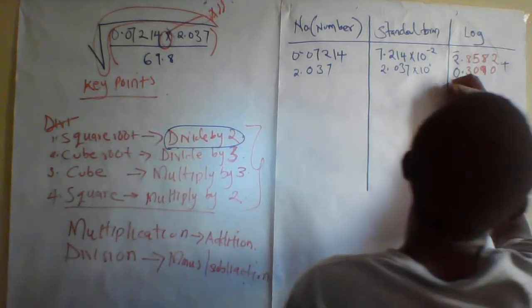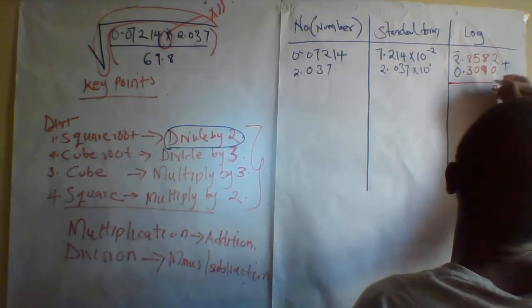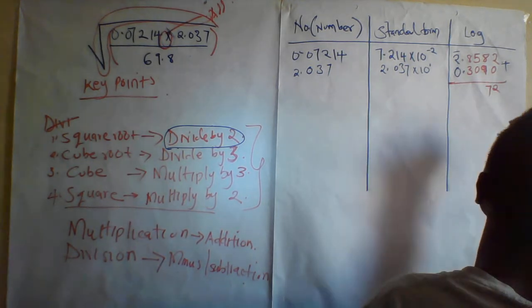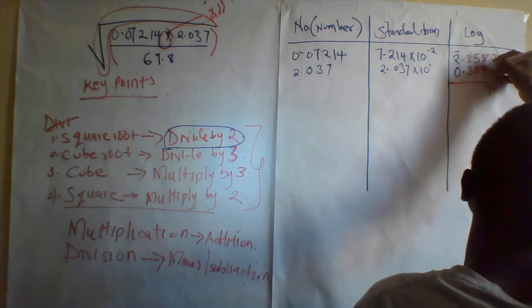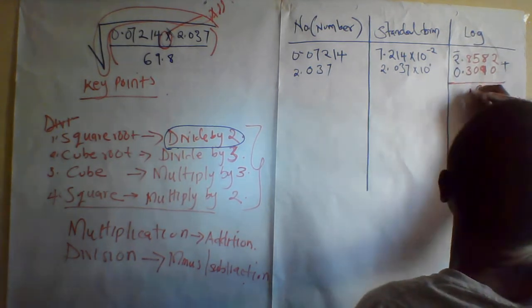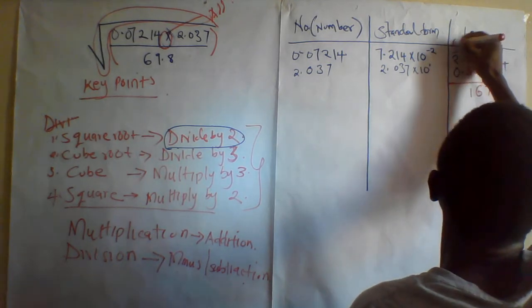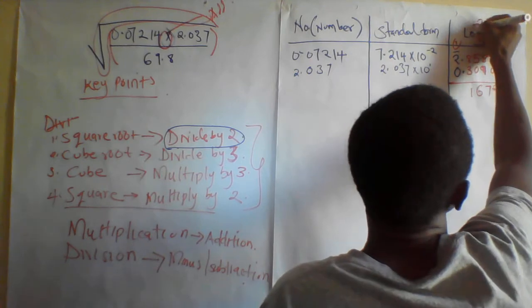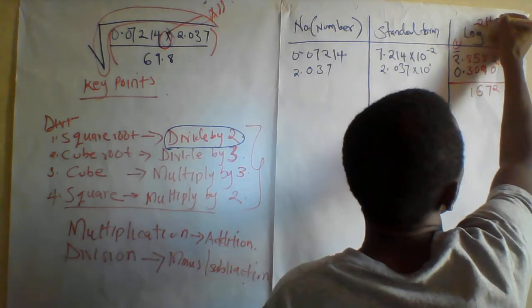So here it becomes 2, that is 7. Then carry 1, that is 6. Then 11. Carry 1. This carry 1, remember, it's like adding minus 2 plus 1 plus 0.